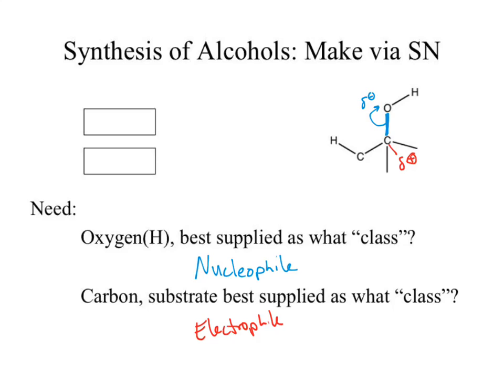The next part is what functional group, what starting material could we use to supply these things? Let's start with the carbon. I want that carbon to be positive. How can it be positive? What does it need to be attached to? Something electronegative, drawing electron density away. Ideally, whatever that something is doesn't have any other chemistry associated with it.